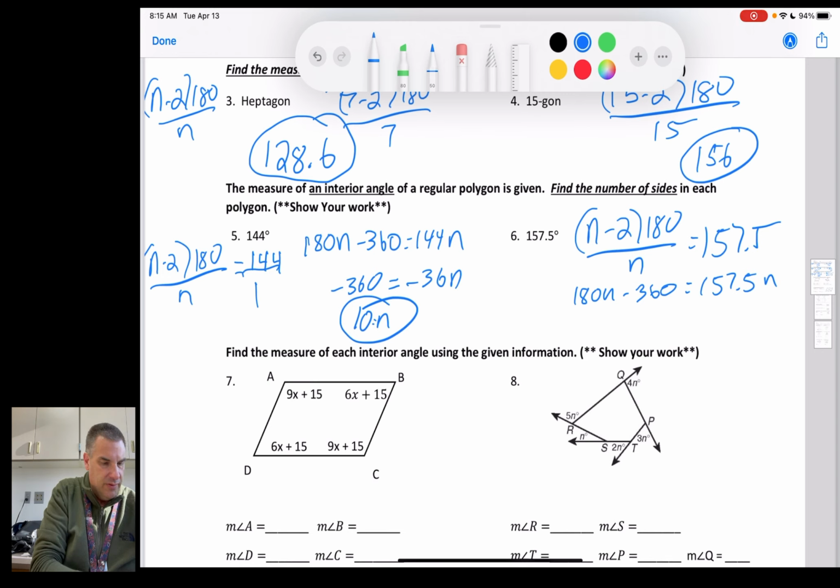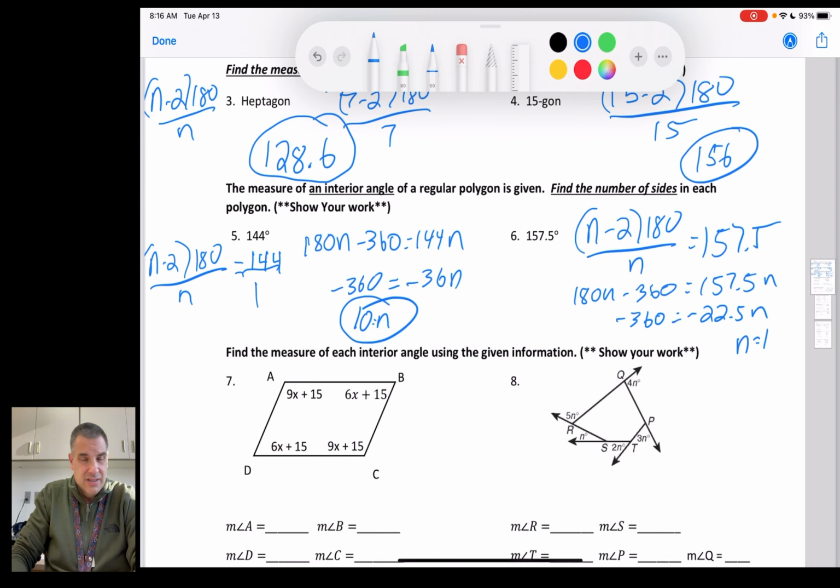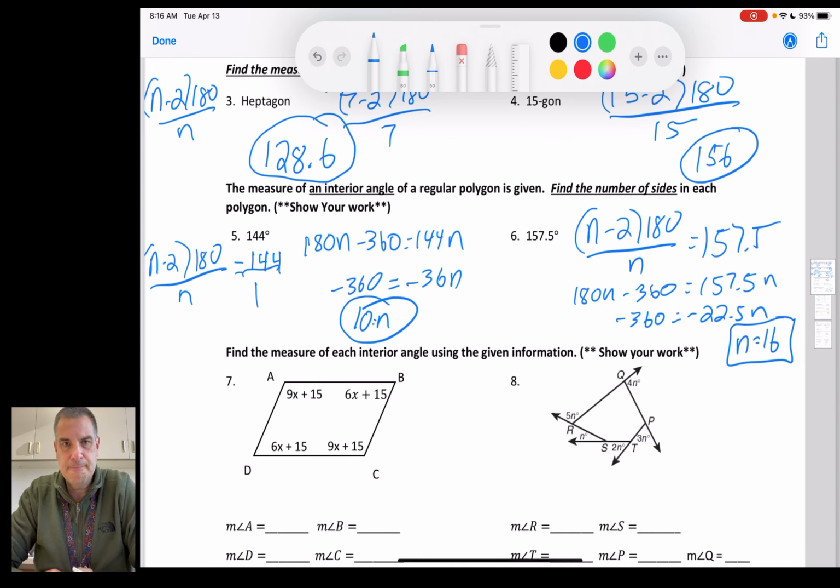So 157.5 minus 180 gives me negative 360 equals negative 22.5n. Negative 360 divided by negative 22.5 gives us 16. And there it is for number 6.